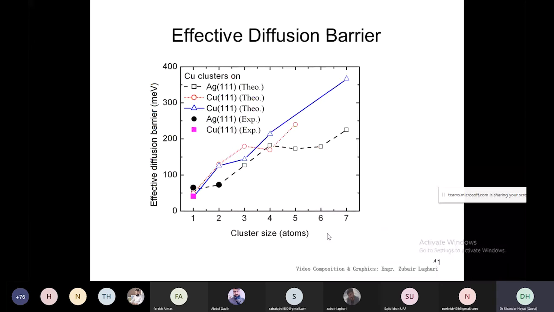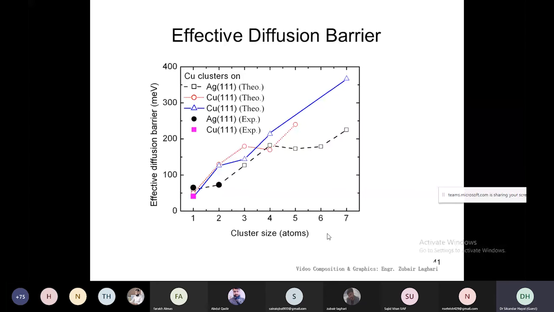We have compared the effective energy barrier with experimental ones, and we saw that the effective energy barriers are very near to the experimental and the other theoretical results which were taken by Monte Carlo and density functional theory. Our results are very good and in the range of the experiments.